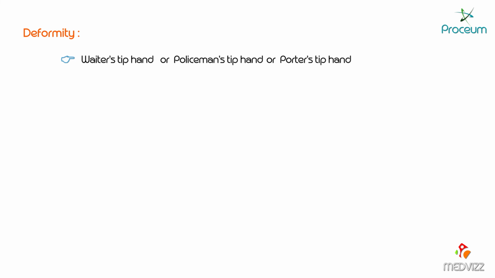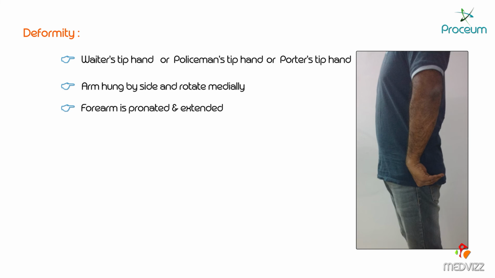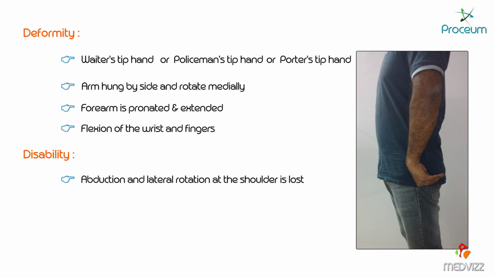So the typical deformity, if you see this image, the arm hangs by the side and rotates medially, and the forearm is pronated and extended, and there will be flexion of the wrist as well as fingers. Because of this, the disability is mainly seen in that abduction and lateral rotation at the shoulder is lost.